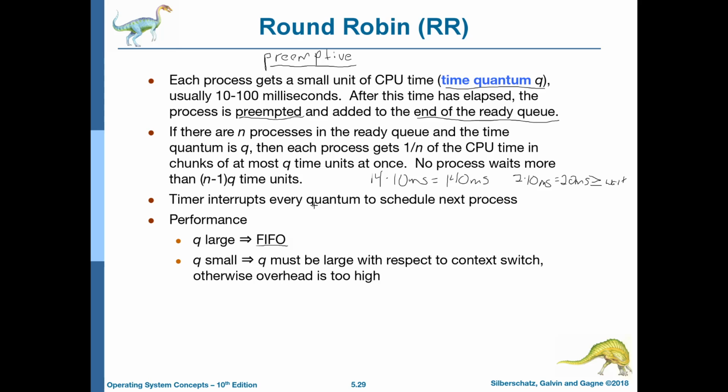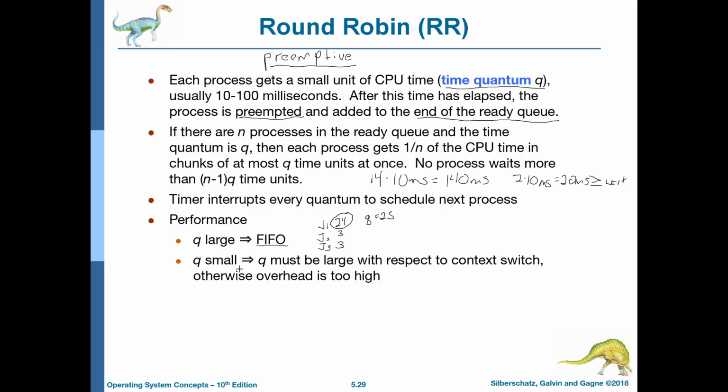If you consider our job list, where job 1 is 24, job 2 is 3, and job 3 is 3, if our time quantum is 25, then job 1 is clearly going to run to completion, which means we still experience the convoy effect, and this really is going to act just like first in, first out. We'll never hit the timer interrupt.